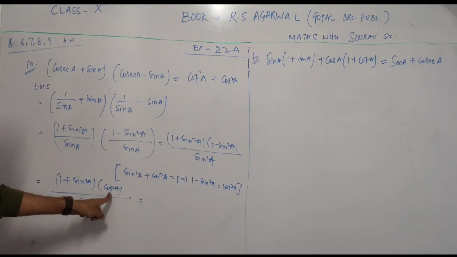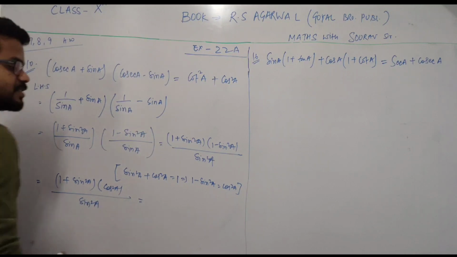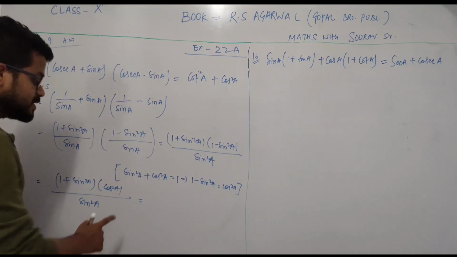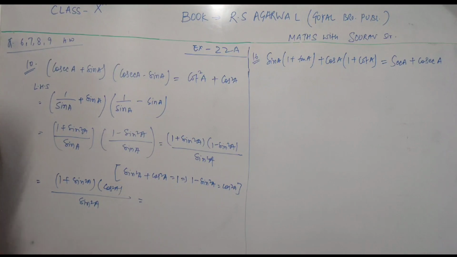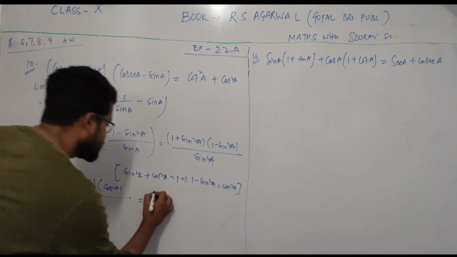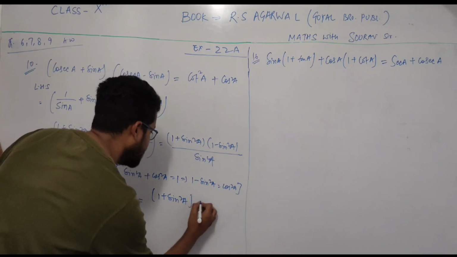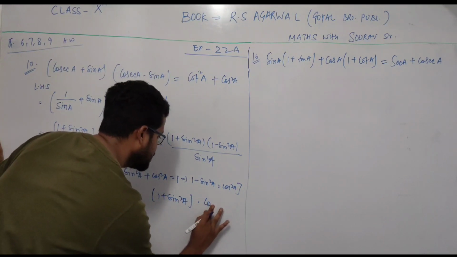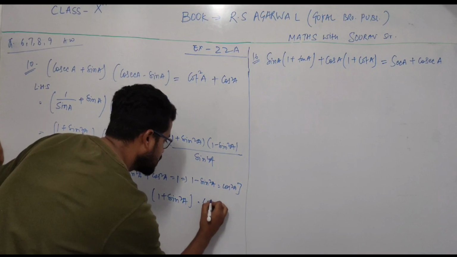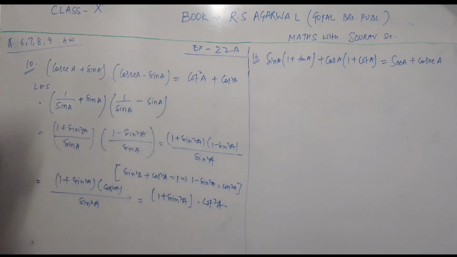So what is this cos square a upon sin square a? It is cot square a. So 1 plus sin square a into cot square a.